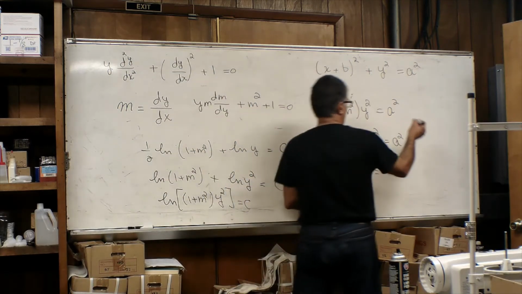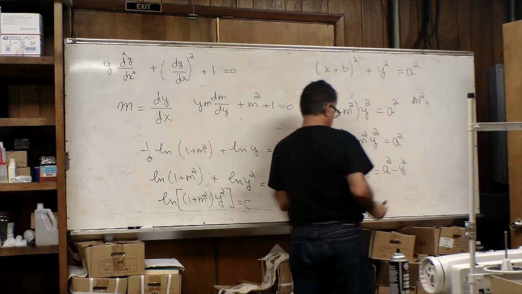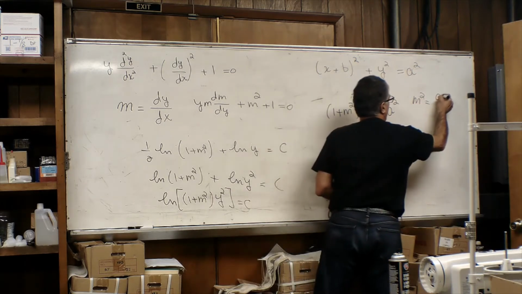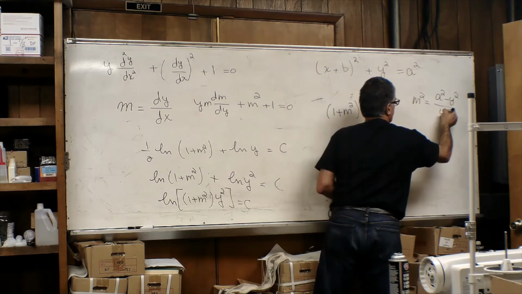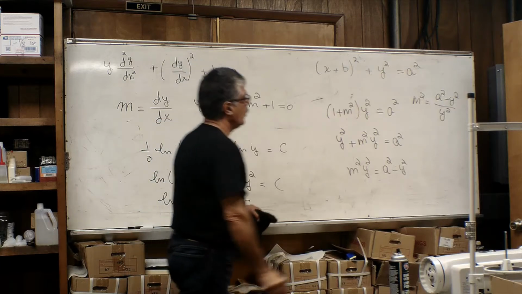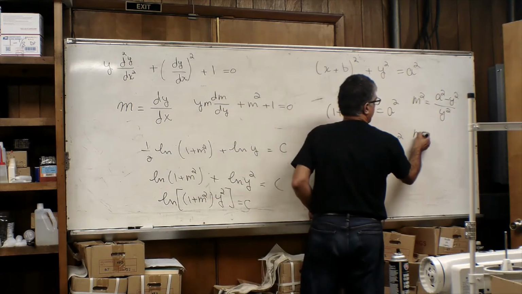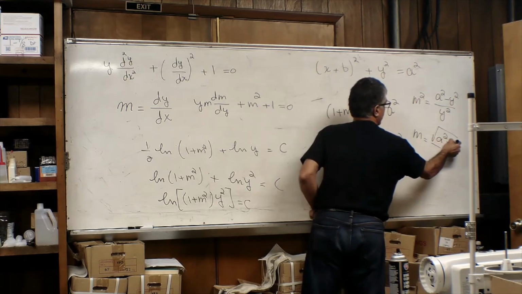So m squared is equal to a squared minus y squared divided by y squared. So m will be equal to the square root of a squared minus y squared, divided by y.